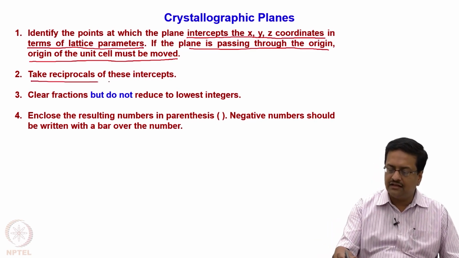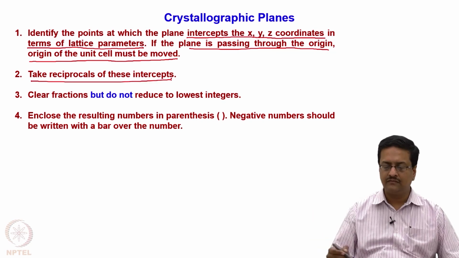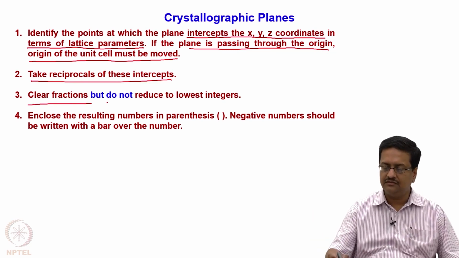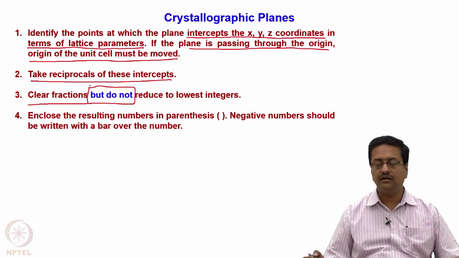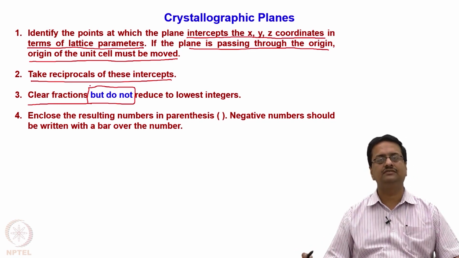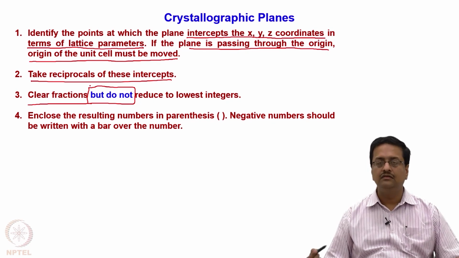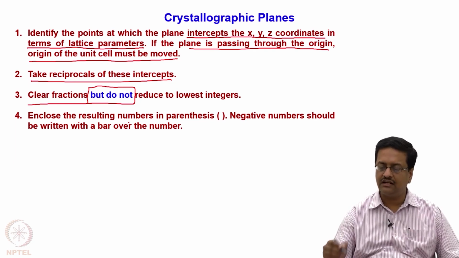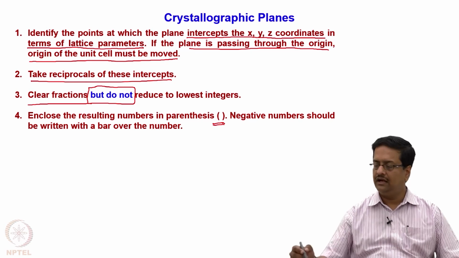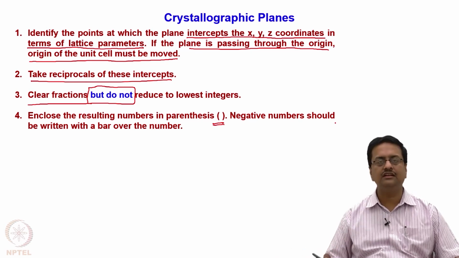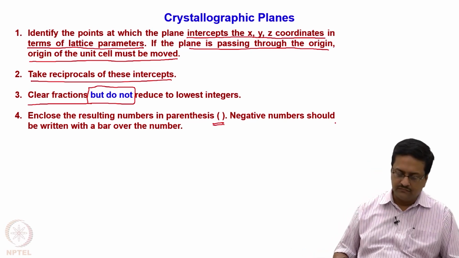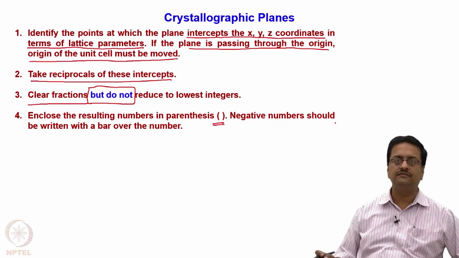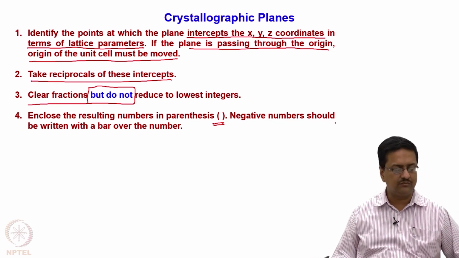Then one should take the reciprocal of these intercepts, clear the fractions, but do not reduce to lowest integer, which is different from what we saw in case of directions, and then enclose the resulting numbers in first bracket, and negative numbers as usual should be written with a bar. So let us see the case of a few examples.